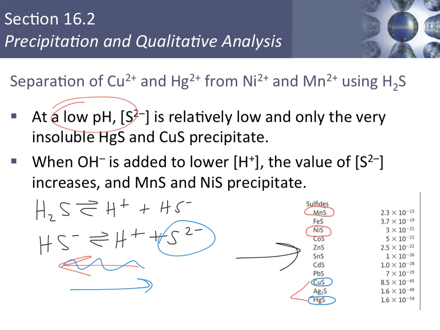So there's a higher concentration of sulfide ion, and then the manganese sulfide and the nickel sulfide can precipitate out. So by playing with the pH, we can adjust the sulfide ion concentration and then selectively precipitate out the more soluble or the less soluble sulfides.